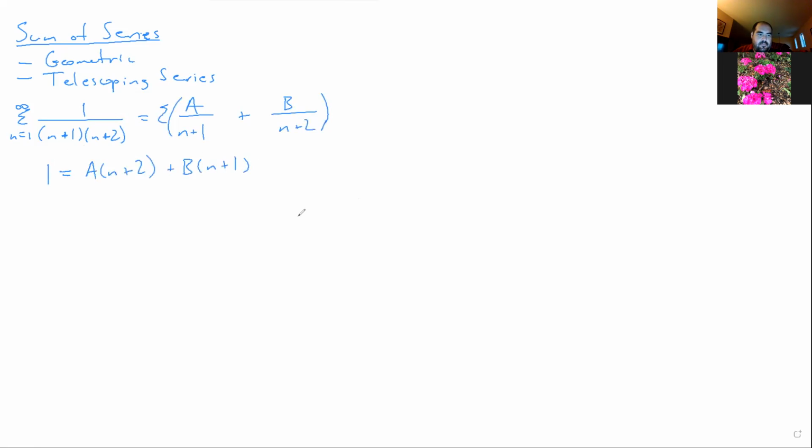Wouldn't you set n equal to 2? I don't think 2 would help. Or -2? -2 is good. So if n equals -2, then 1 equals, the first term vanishes, B times -1. So B equals -1. That's good.